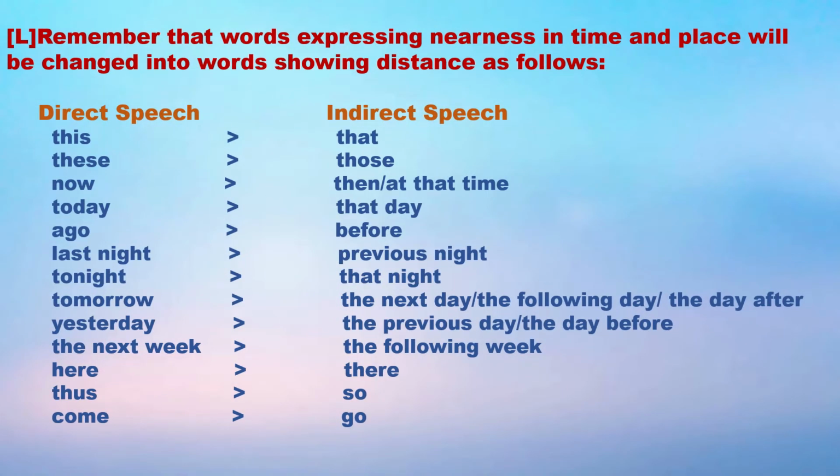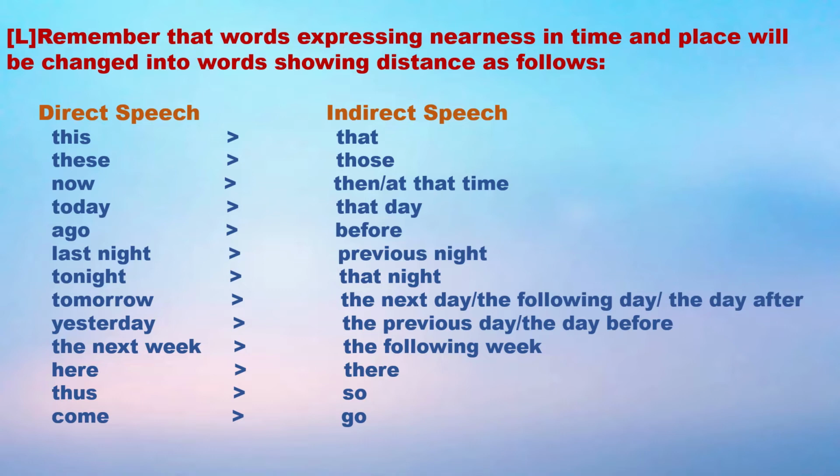Rule number L. Remember that words expressing nearness in time and place will be changed into words showing distance. In direct speech and indirect speech, there are changes in the words also. Examples are there.